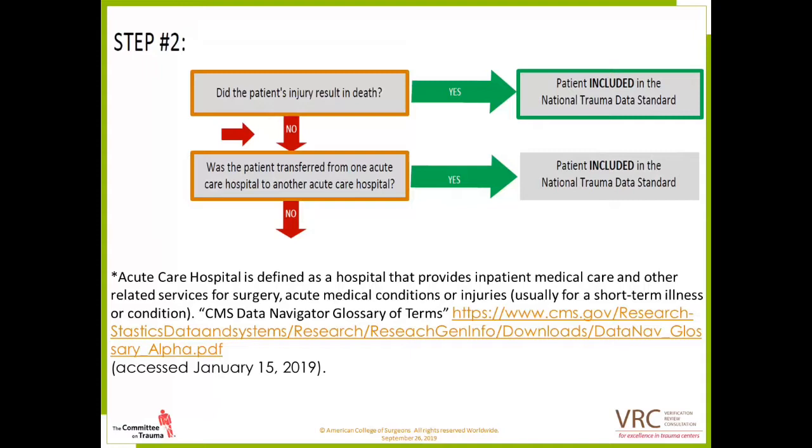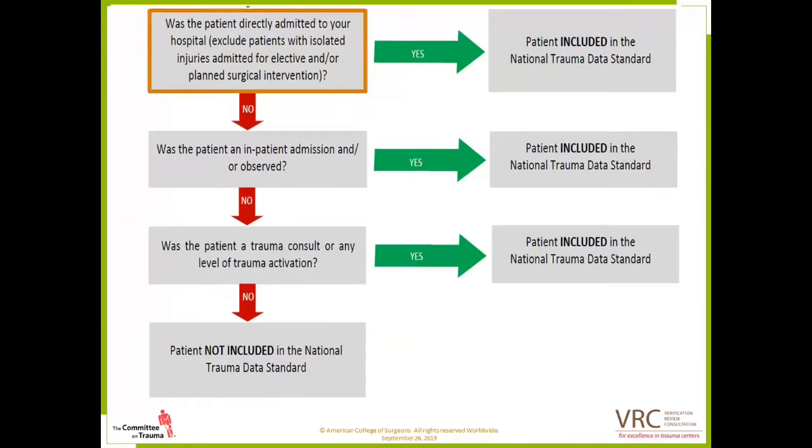So, if they were a transfer from one acute care hospital, they had a traumatic injury that fell within the ICD code range, and their initial encounter was within 14 days, then they are included in the NTDS patient inclusion criterion. If not, you would move on to the next question, which is, was the patient directly admitted to your hospital?